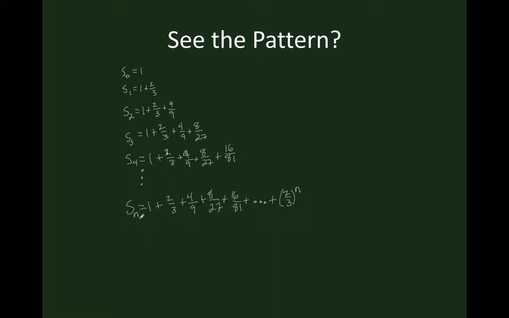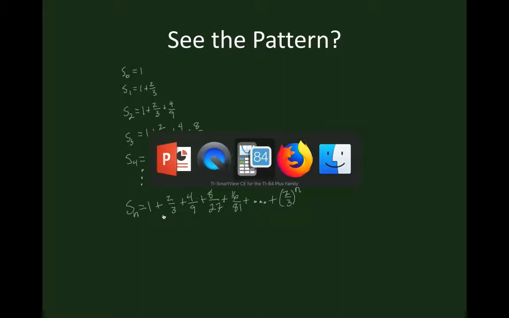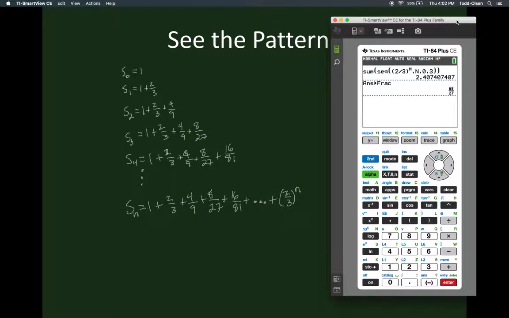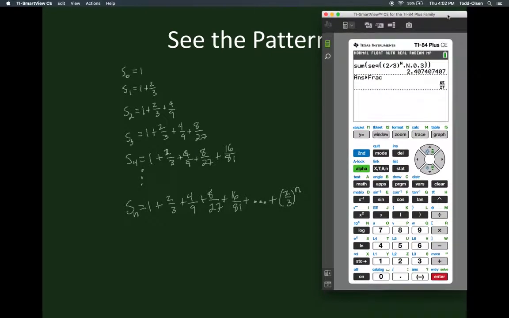Now, depending on how large n is, there could be a lot of arithmetic here. As a matter of fact, just figuring out S sub 4 could be very, very complicated. Well, we're lucky because we have this really powerful calculator that can help us with the computations.